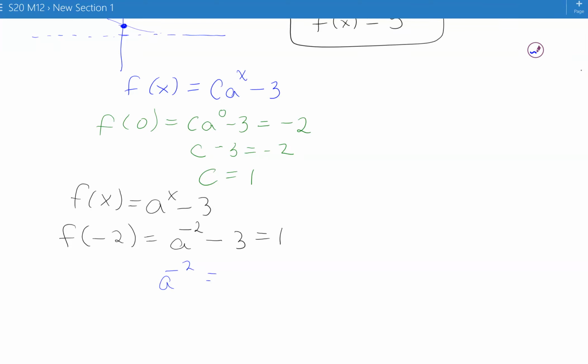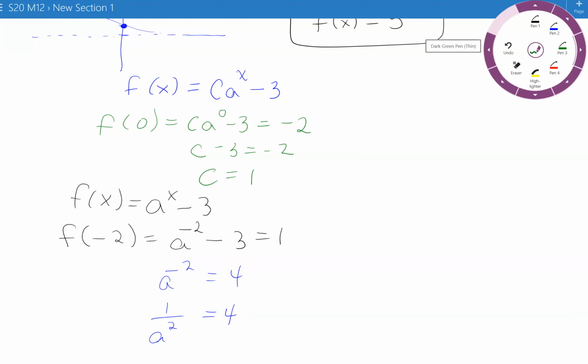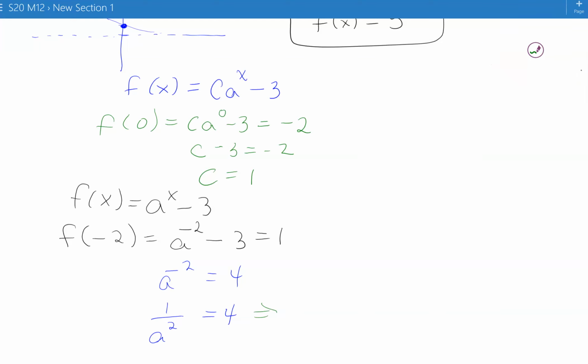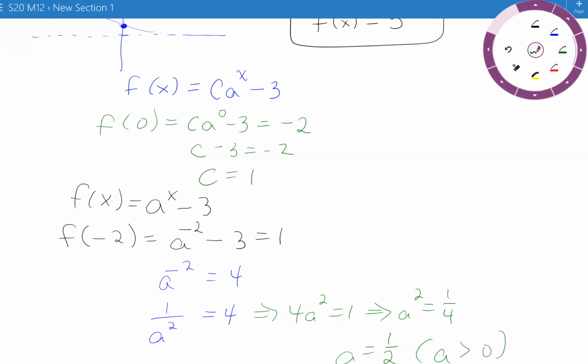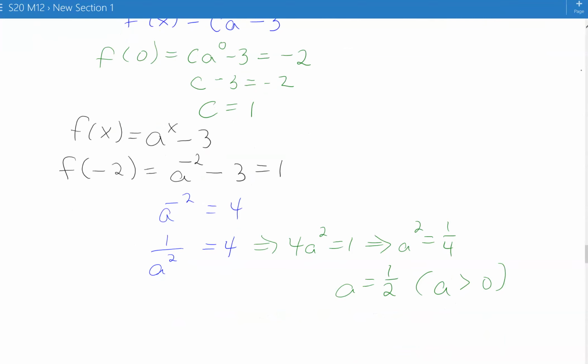So a to the -2 has to equal 4. So 1 over a squared is 4. So that means 4a squared is 1, and a squared is 1/4. So a has to be 1/2 because a, the base, has to be bigger than 0.